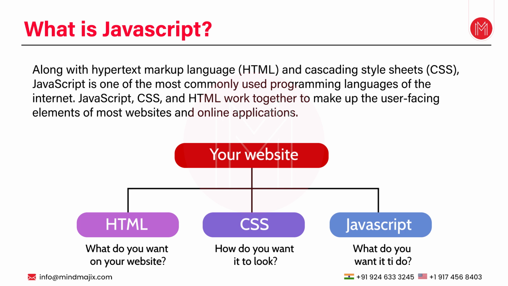So JavaScript brings dynamism and interactivity to the website. For example, pop-ups, animations, videos, social media embeds, drop-down menus, and many other website components can be created using JavaScript. Without JavaScript, web pages would be mostly static and boring. So this was a quick overview of JavaScript.